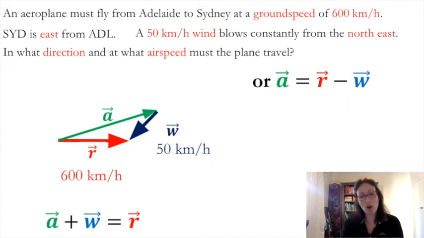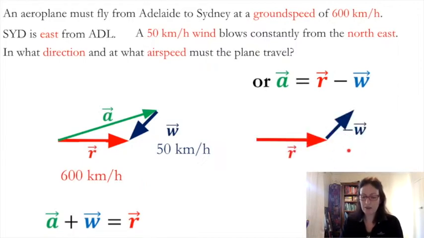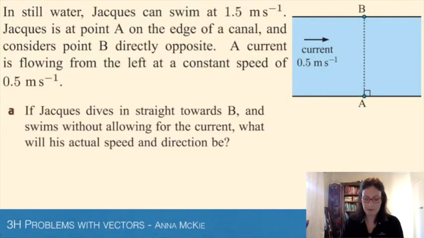So we'd have to go in the opposite direction of the way the wind is blowing in terms of mathematically calculating this, so that our resultant vector is heading essentially in a northeasterly direction, because otherwise the resultant vector would head down in a southeasterly direction. So as I was saying, we have to take into account negative W there for that resultant vector.